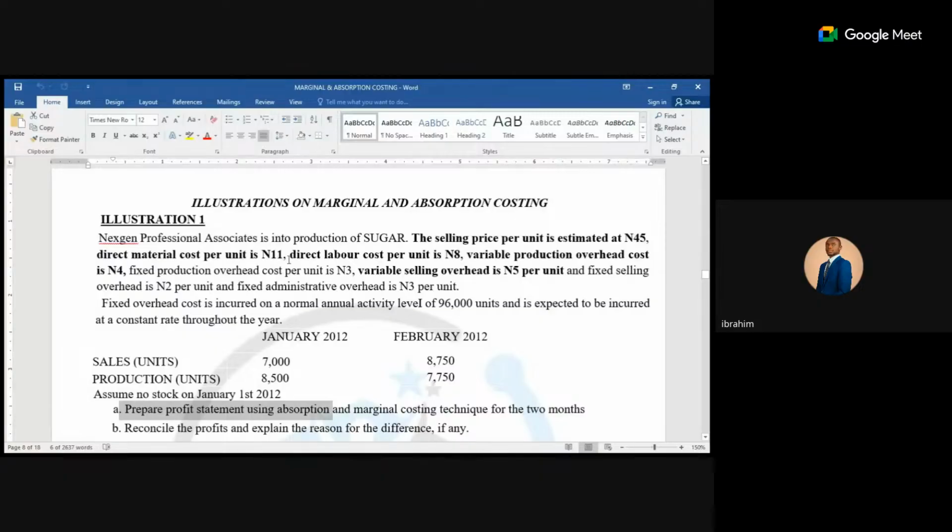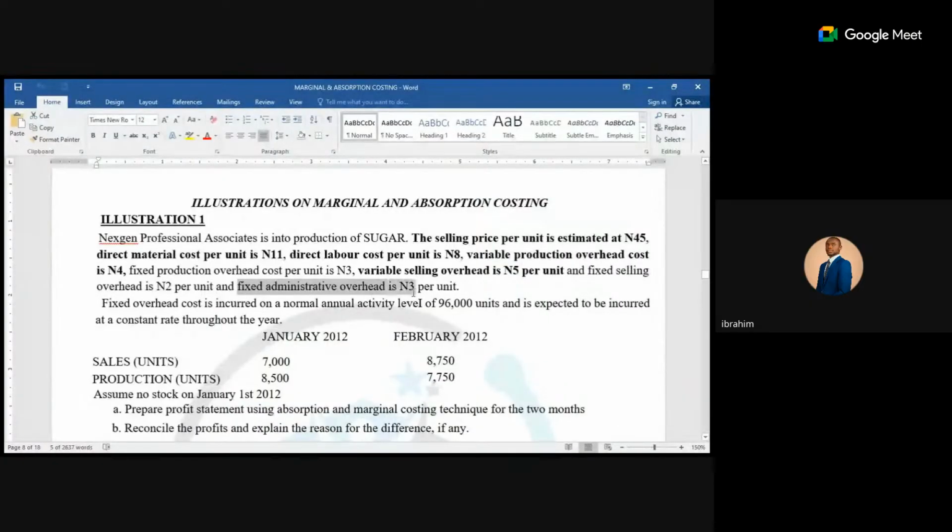The direct labor cost per unit is 8 naira. Then variable production overhead cost is 4 naira per unit. We have fixed production overhead cost of 3 naira per unit. Then the variable selling is 5 naira per unit. The fixed selling overhead is 2 naira per unit.